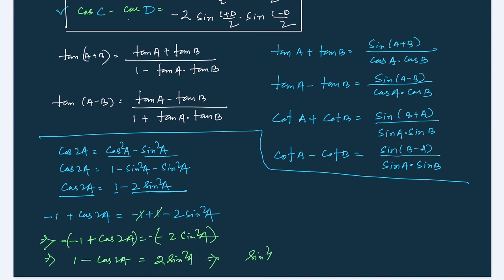If you bring the 2 to the left hand side, it is going to be divided, so sin square a is 1 minus cos 2a divided by 2. So I can write 1 by 2 into 1 minus cos 2a. This is the formula that we have derived.